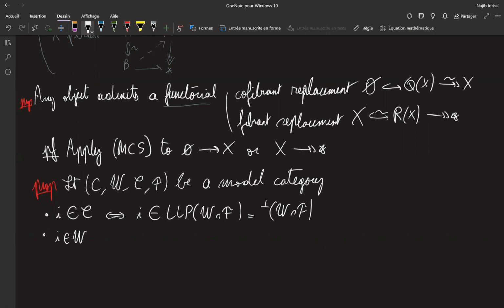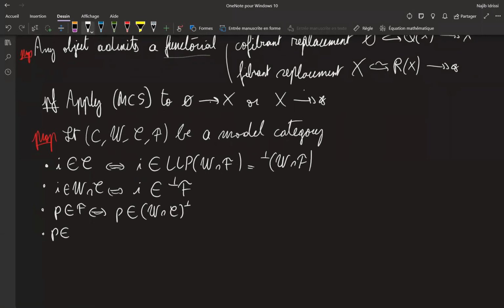Similarly, i is an acyclic cofibration if and only if it has the left lifting property with respect to fibrations. p is a fibration if and only if it has the right lifting property with respect to acyclic cofibrations.